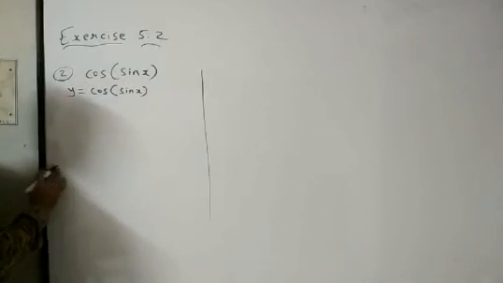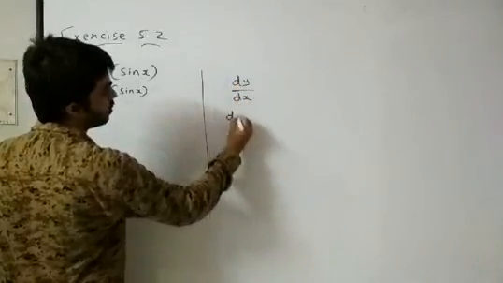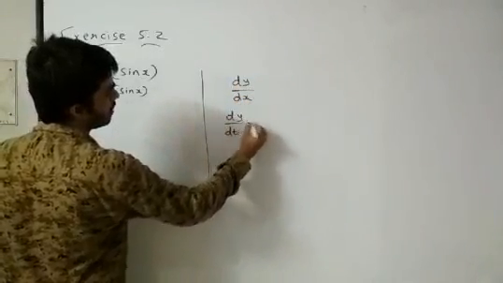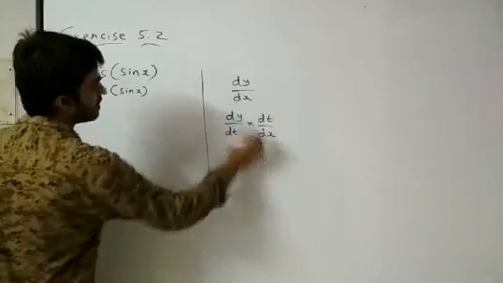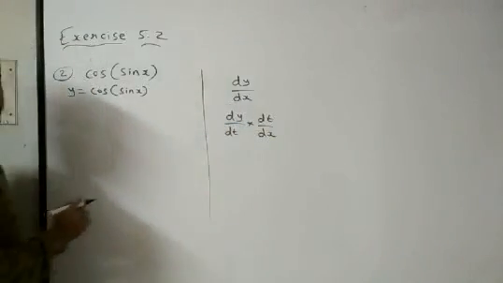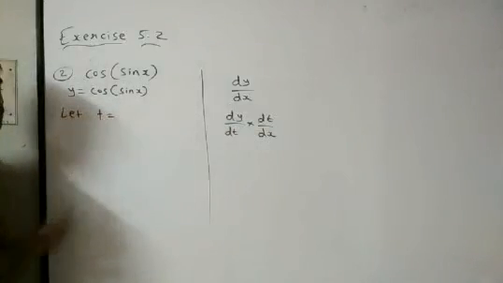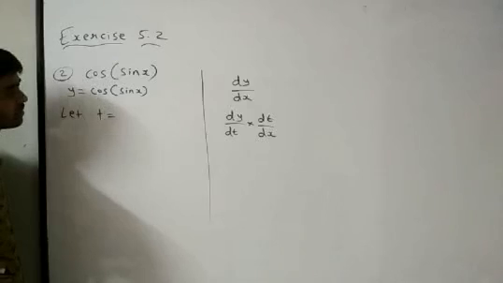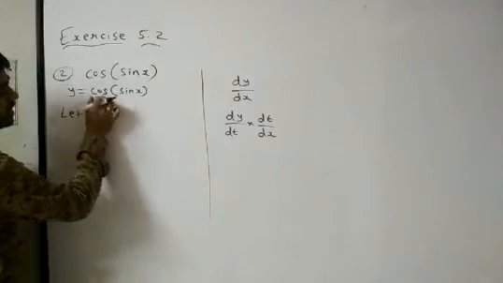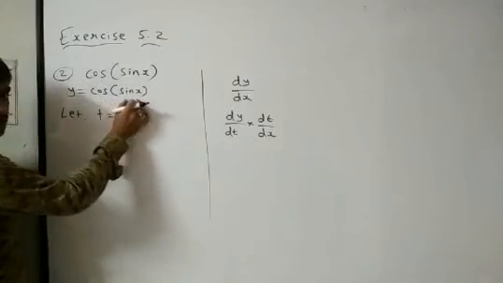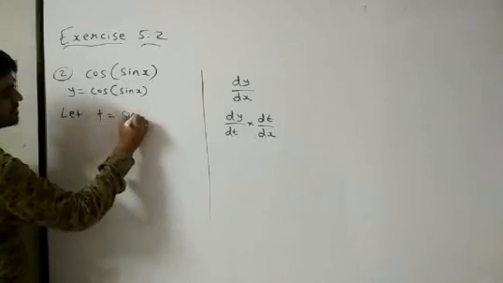But when we want to find dy by dx, we are breaking it into two parts, dy by dt and dt by dx. Now let us assume t. What will be the value of t over here? Think, it will be sin x, because here is cos and the angle must be x, but they have given sin x. So we will assume that t is equal to sin x.